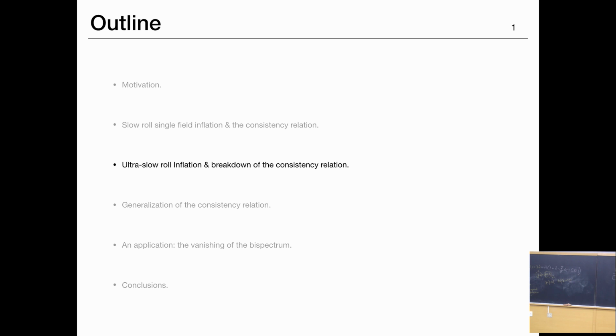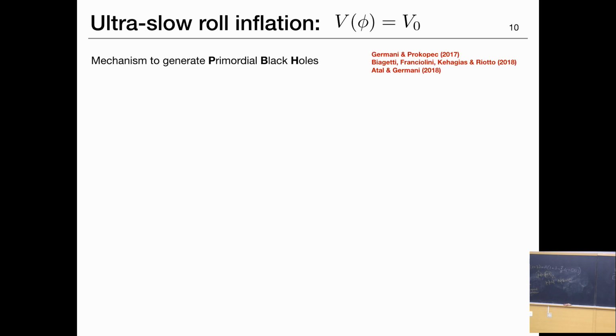First, I want to introduce these kinds of models of inflation, known as ultra slow roll inflation. Basically, the inflationary potential is constant. The model is interesting because some people use it as a mechanism to generate primordial black holes.